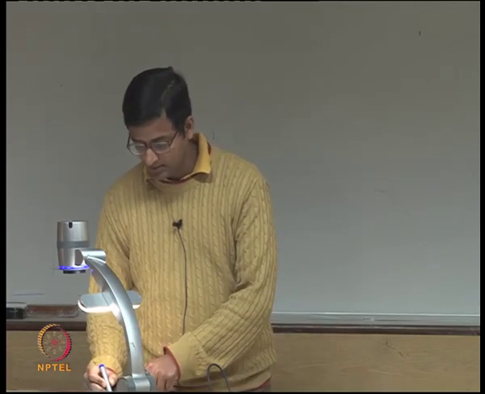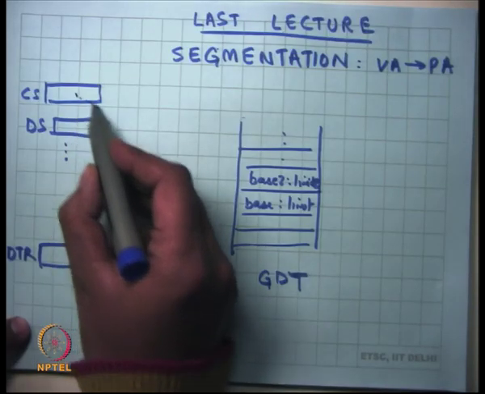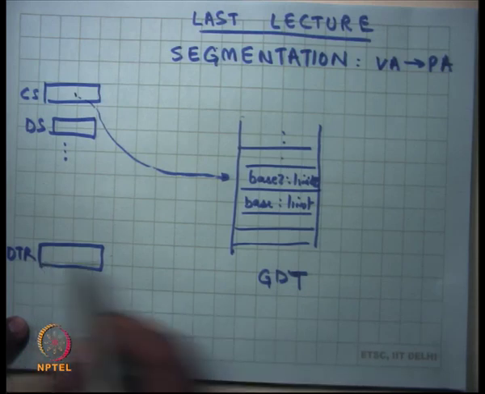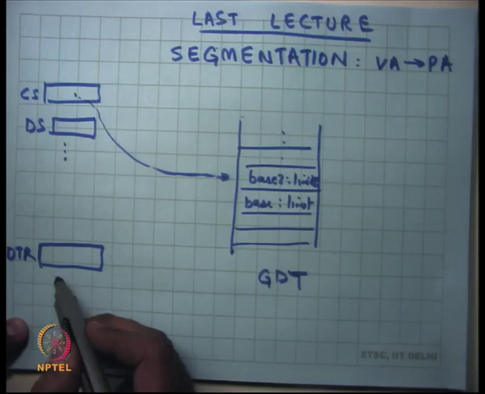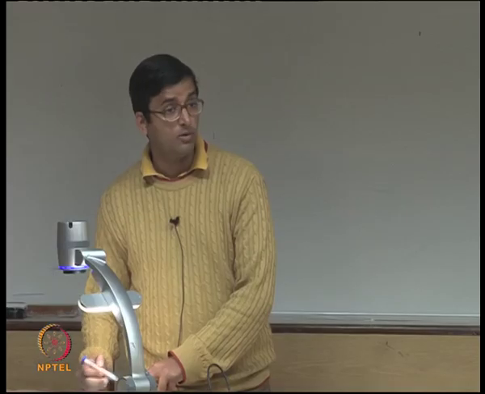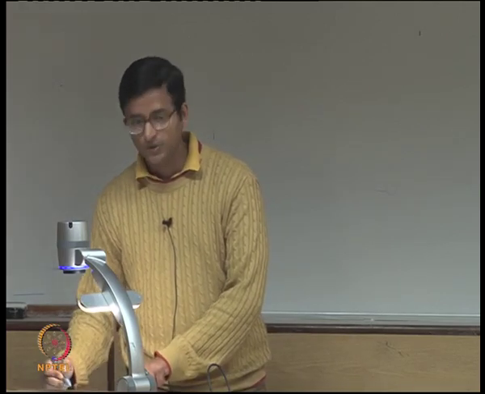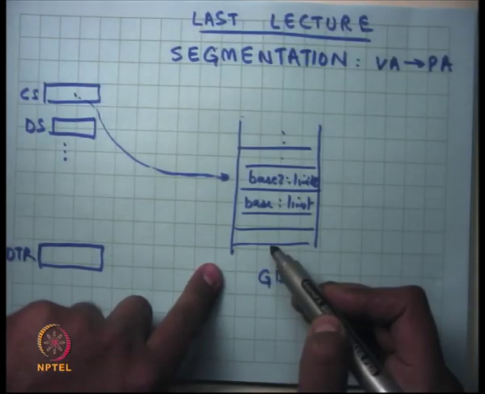The segment gives you a pointer into a structure called the global descriptor table, which also lives in memory, right. The address of the global descriptor table is stored in yet another register called the global descriptor table register, right. So what the hardware does on each instruction is that it will dereference GDTR to get the address of the GDT.